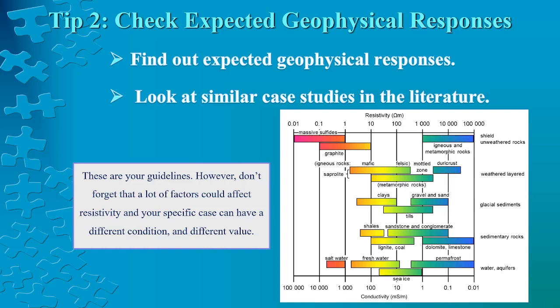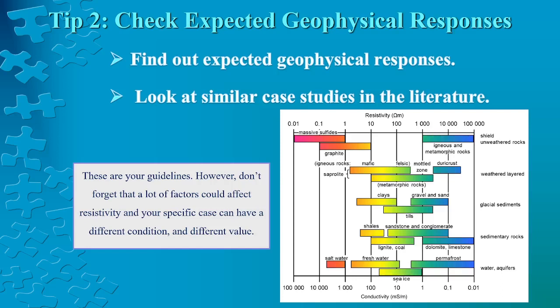You have to check that value against these reported values, and if it's different from the expected trends, or if you have a till which is more resistive than sandstone, or more conductive than shale, then you have to think about why that is. And then you have to find out the reason. If you can figure it out, that would be very nice.